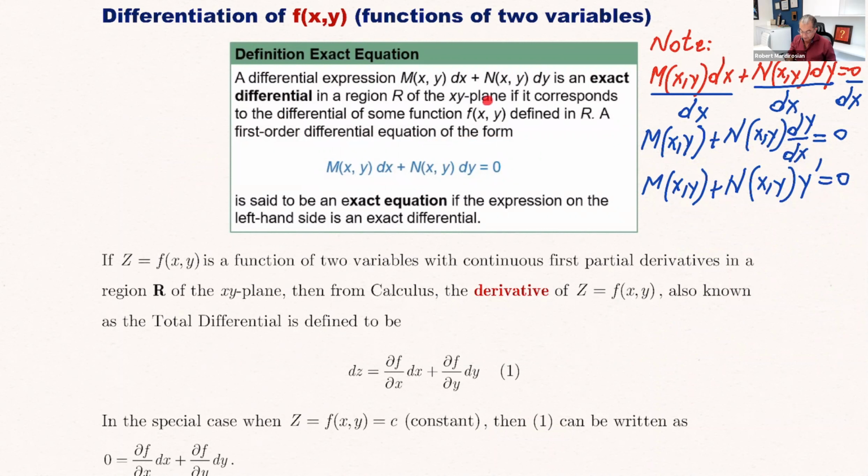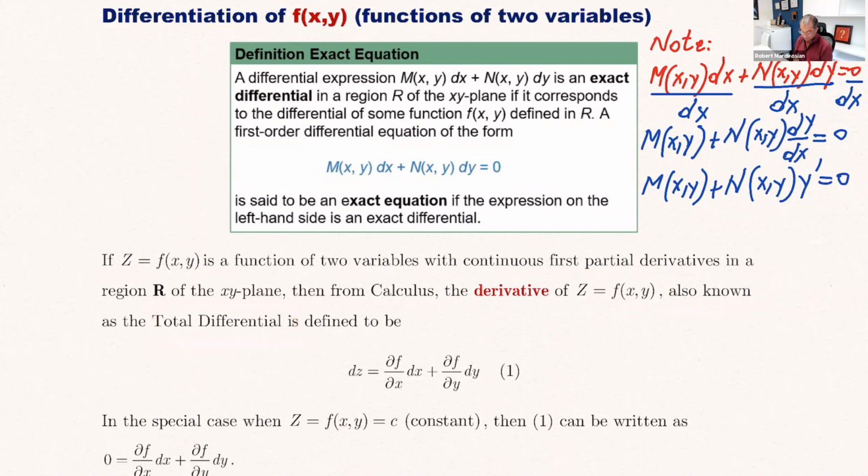Now let's understand this function f(x,y) first. You can call that a function of two variables with continuous first partial derivatives in a region R of the xy plane. Then from calculus, the derivative of z equals f(x,y) is also known as the total differential.